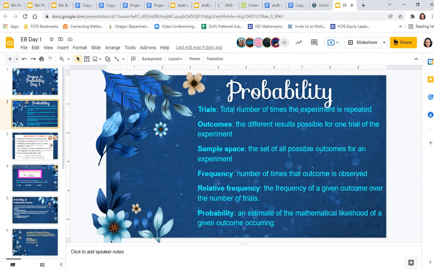Frequency, the number of times that the outcome is observed. So if you roll a die 10 times and you get 2 5s, then the frequency for 5s is 2. Relative frequency is that frequency as a fraction, the frequency of a given outcome over the number of trials. And probability is an estimate of the mathematical likelihood of an outcome occurring.